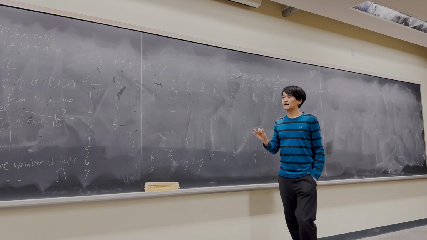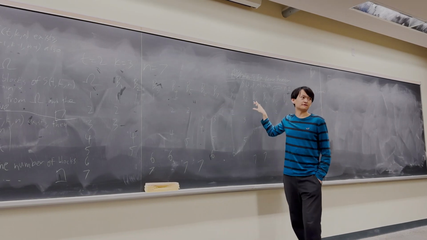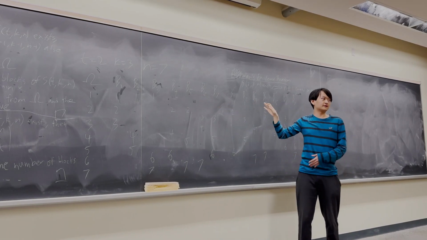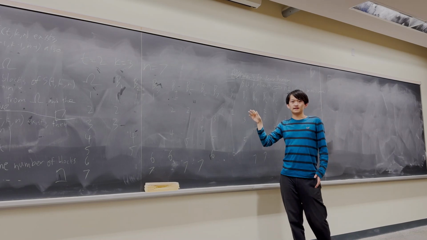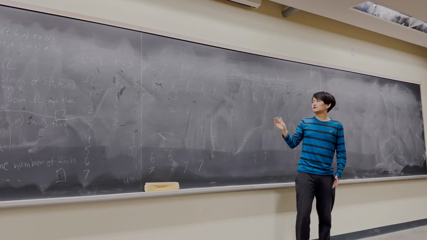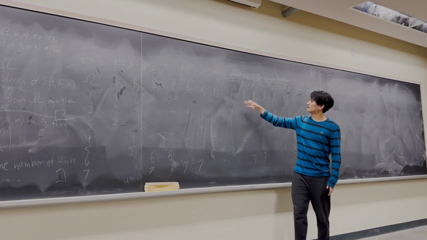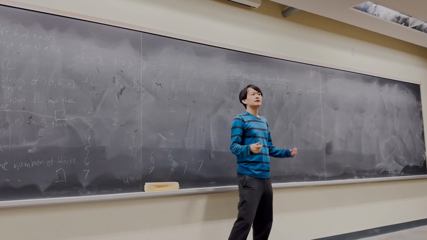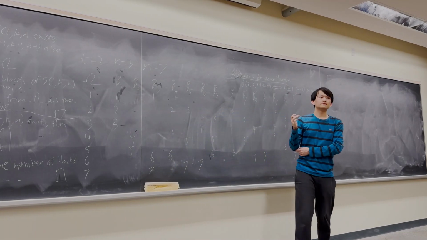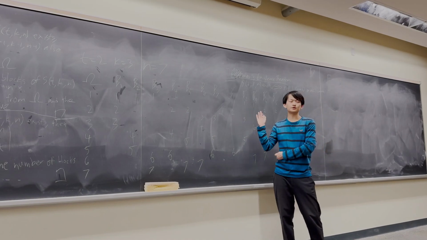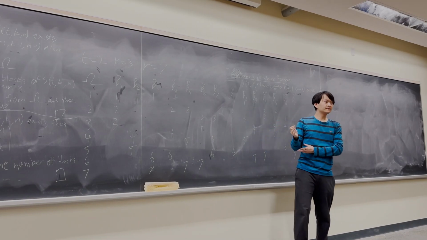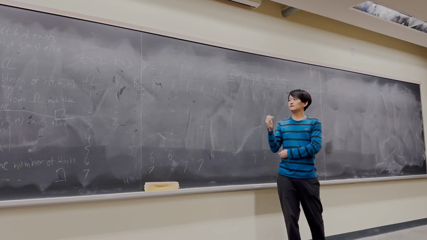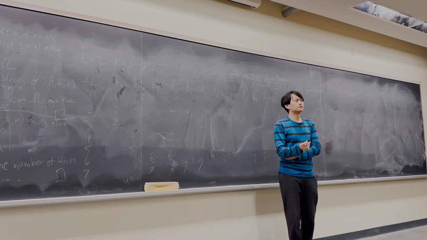The literal elements of these two versions of S(2,3,7) that I've drawn here are different. Like block 1 of this one contains 1, 2, 6, while block 1 here contains 1, 2, 3. However, there is a notion of these two Steiner systems being the same, where remember that the elements of omega are arbitrary.